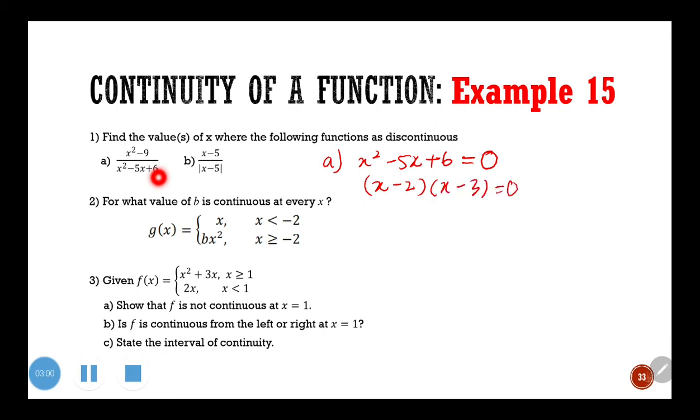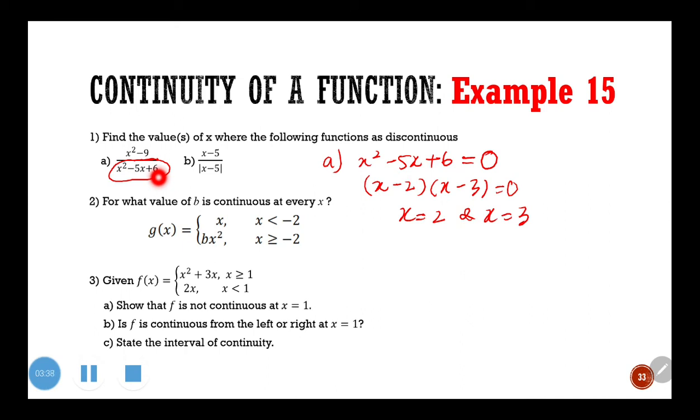In this case, we know q(x) will become 0 if x equals 2 and x equals 3. So x equals 2 and x equals 3 will make the denominator equal to 0. Once the denominator equals 0, this function f(x) becomes undefined, or f(x) does not exist.